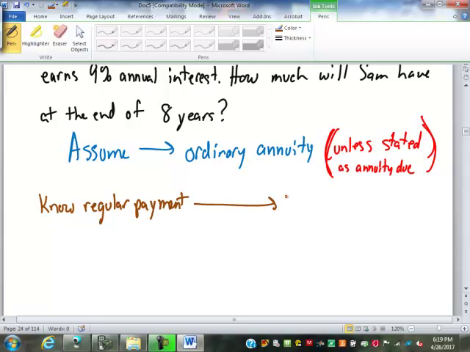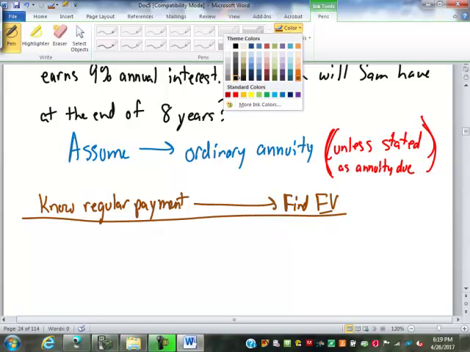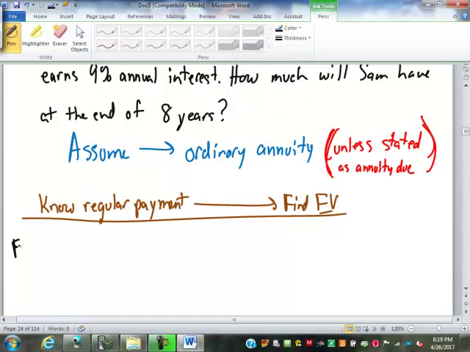We want to find the future value. That future value is going to be equal to the amount of the regular payment.